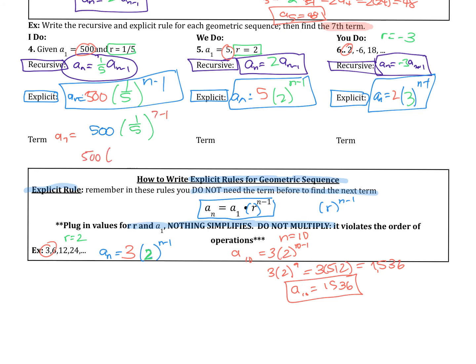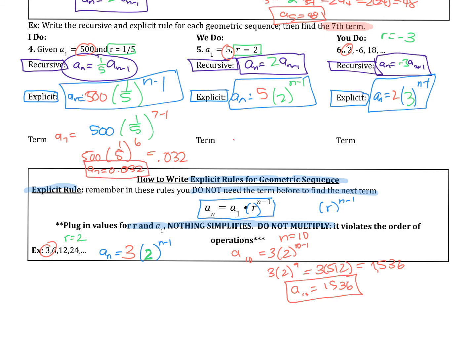So 500 times 1/5 to the power of 6. You can grab your calculator for this. 1/5, which is just 1 divided by 5, to the power of 6 is something really teeny tiny. And when you multiply that number by 500, you get 0.032.